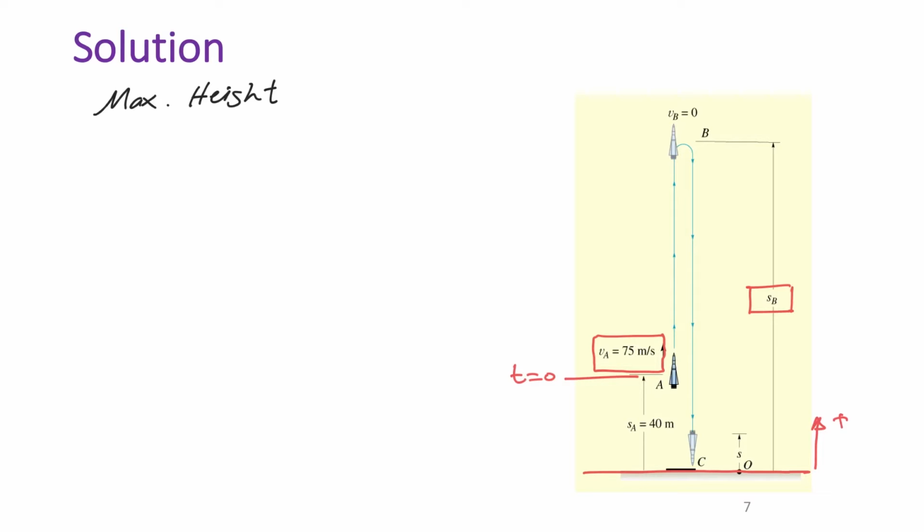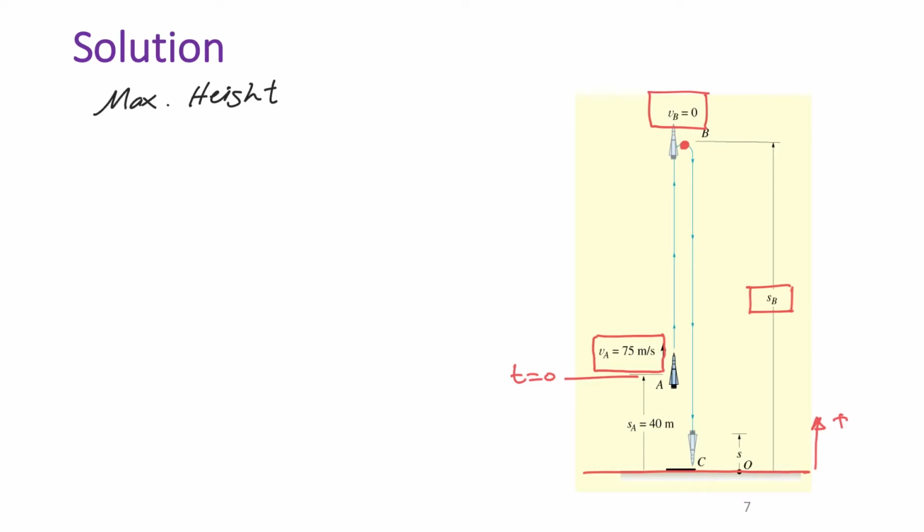This distance, which is the maximum height, is called SP, because the point at this position right here is P. Also, the rocket will move upward until it reaches point B, and when it reaches point B, it will have a velocity VB equals 0. Then it will start moving downward.